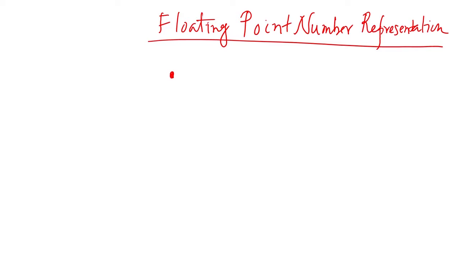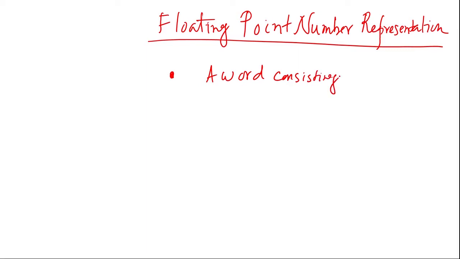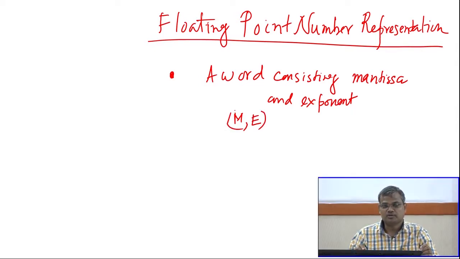For representing a number, we should have a word, and that word consists of mantissa and the exponent. So, that is what we have seen, and we have seen an example also.